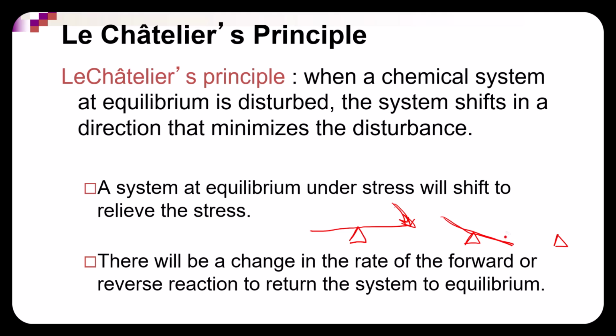What are we going to have to do to balance it out? And in this case, we would have to make more reactants so that we get back to that balance. Okay. So that's what we're going to talk about in this section is stressing one side or the other, that balance isn't level anymore, and what do we need to do to level that balance out?